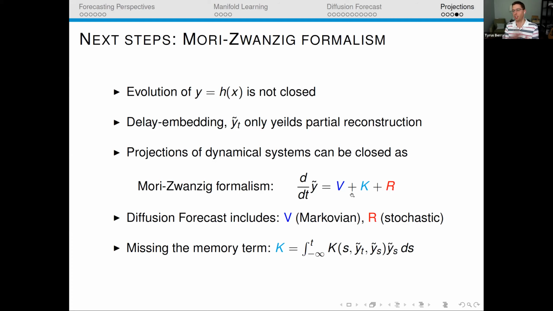Instead of thinking of it as fully reconstructed dynamics, you think of it as trying to approximate a projection of dynamics, which is going to be a stochastic system. In that case, there's a decomposition into a Markovian, a memory, and a stochastic term, and all we're capturing at the moment is the Markovian and the stochastic term. I think there might be a way forward by also capturing the missing memory term. That's what we're working on now, and I'm looking forward to learning more about Mori-Zwanzig from the next speaker.